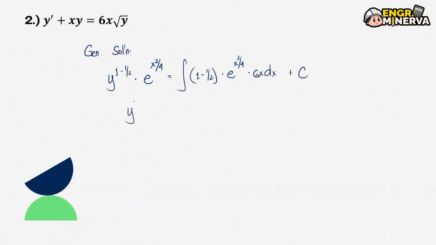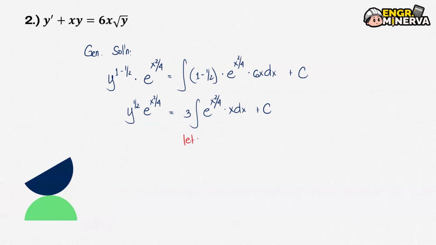This would be y raised to 1 half e raised to x squared over 4 equals 1 half integral of, let's include the 6 here. So 6 over 2, that would be 3. And this is e raised to x squared over 4 x dx plus c. So again, let's use our u sub.